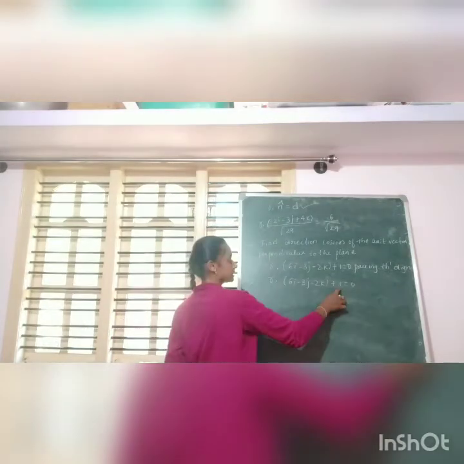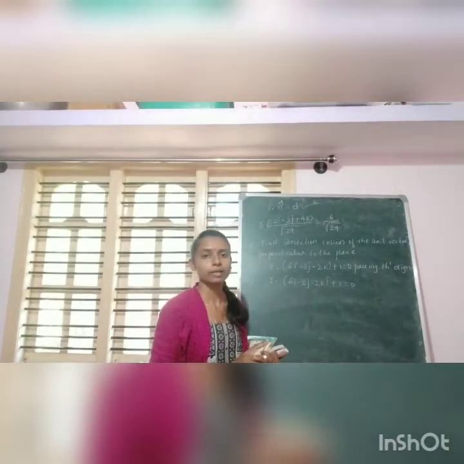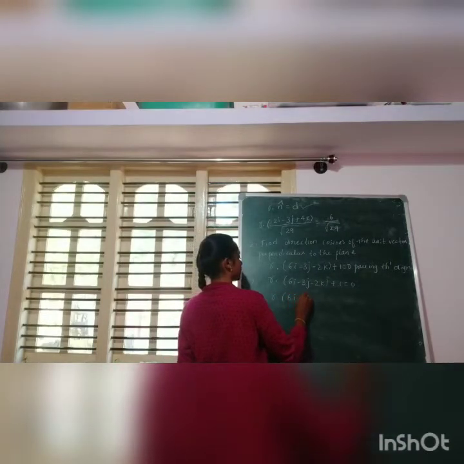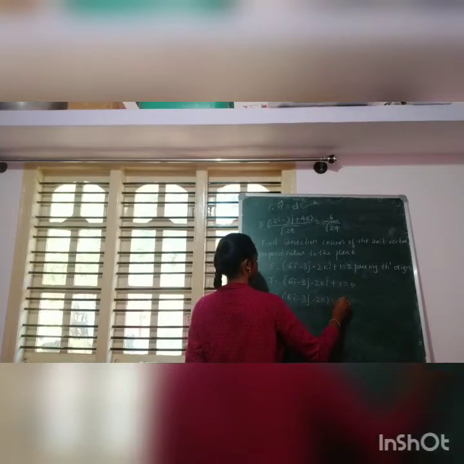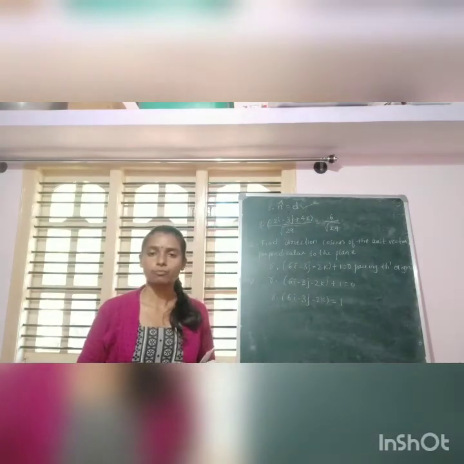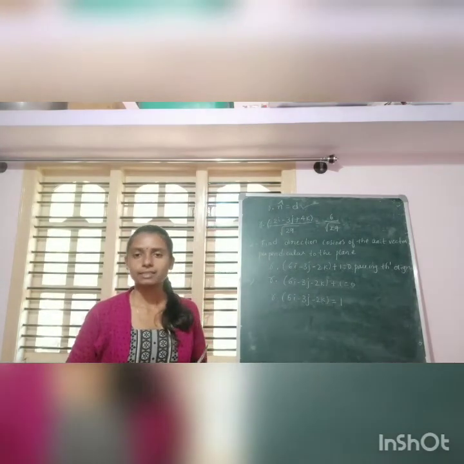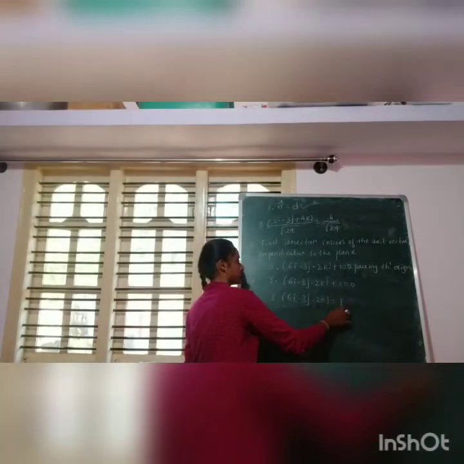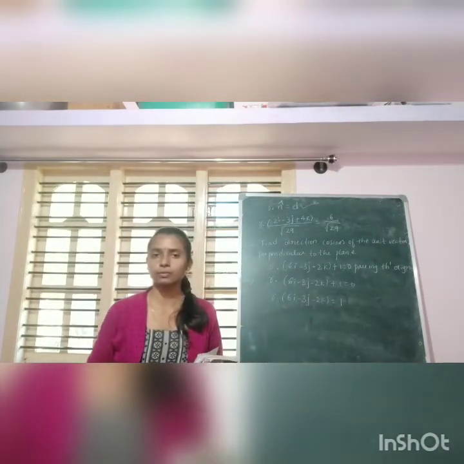I'll take the constant 1 to the other side, so r dot 6i minus 3j minus 2k is equal to plus 1. I'll not write the negative 1, because the distance should be positive. Therefore I'll write it as a positive 1.